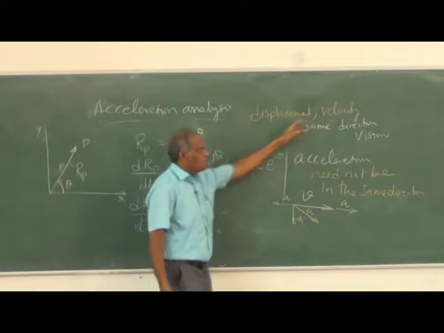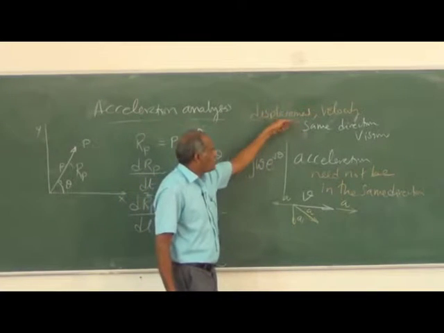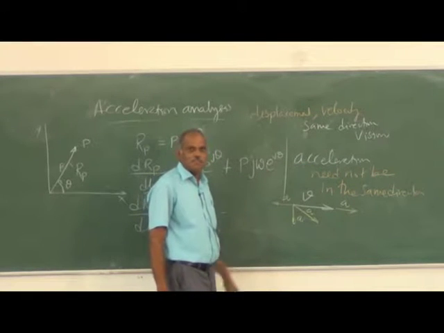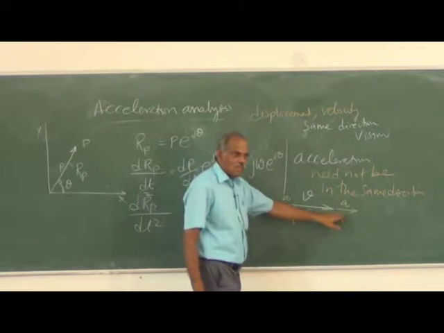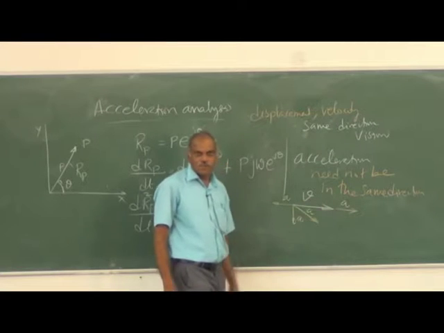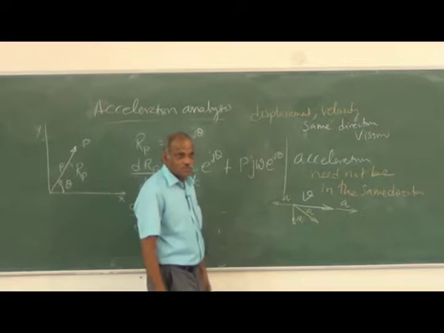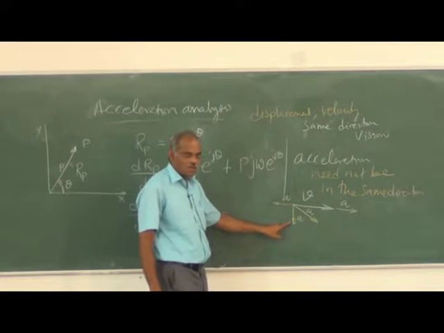If you have a displacement vector, the velocity vector also will be in the same direction, whereas the acceleration is a bit difficult to perceive, because the acceleration can be in the same direction if there is only a change in magnitude. If the acceleration is only due to the change in direction, it will be perpendicular.